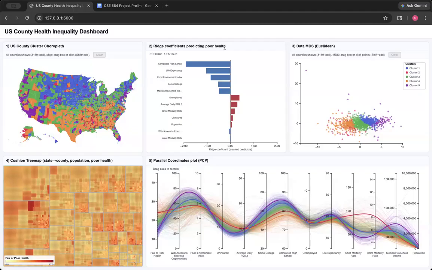And I've collected the weights of each variable, and I use them to show how much these variables can predict the poor health outcome.